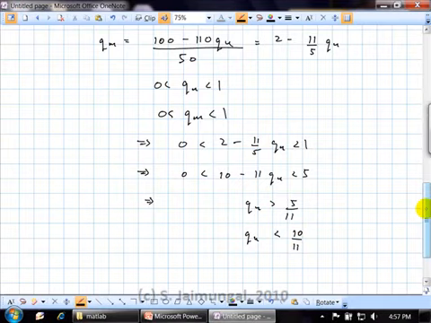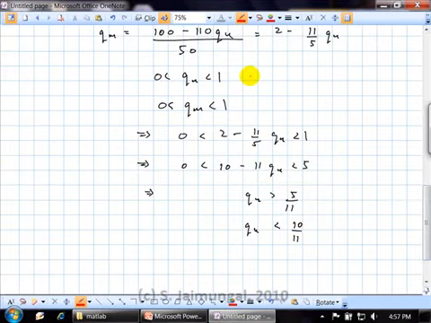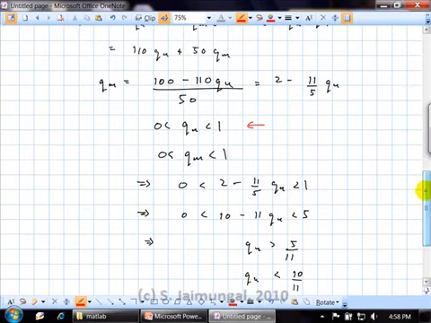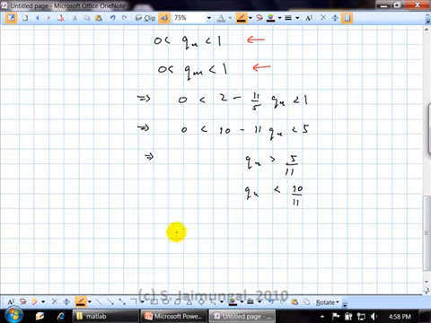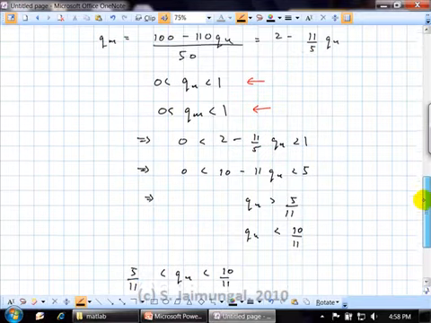So we actually found that for QU to be a probability, this is necessary. But for QM to also be a probability, we have a further constraint on QU. So we found that QU is in fact in between 5 over 11 and 10 over 11. And then you can find the range for QM.